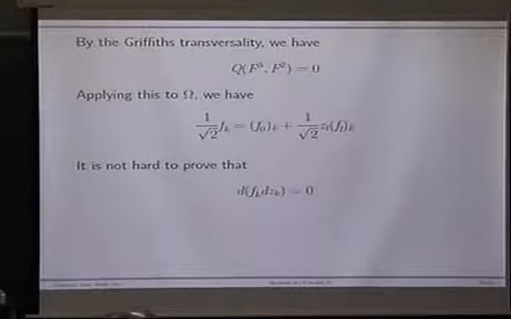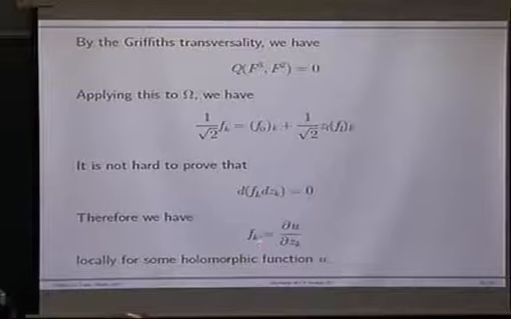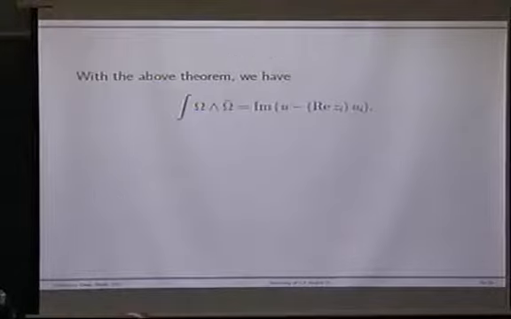Such a one-form has to be closed, and it has to be exact locally. And that means we can write fk, actually there's a coefficient, but anyway, in terms of a holomorphic function u such that it can be written as the derivative. These are all local.